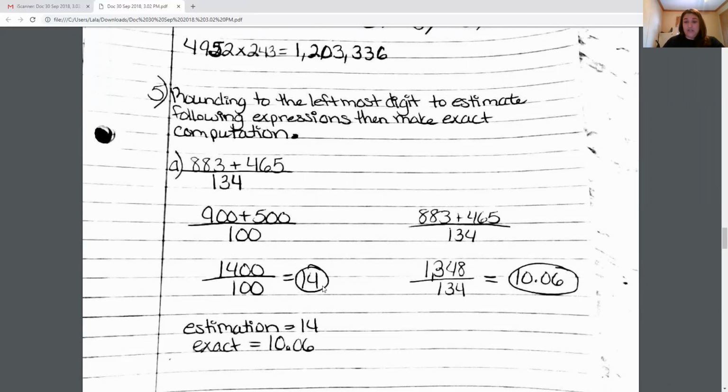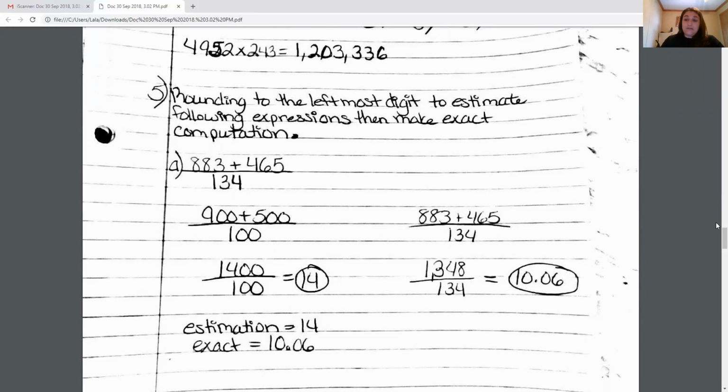So that's our estimation. Now they want us to go over here and calculate it exactly. So we have 883 plus 465 divided by 134. 883 plus 465 gives us 1,348 divided by 134 is the exact number of 10.06.